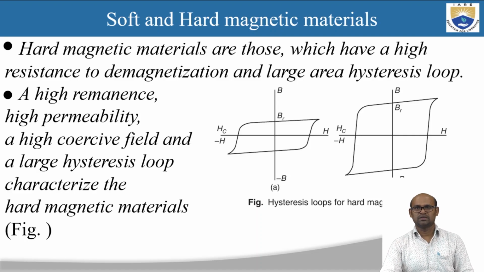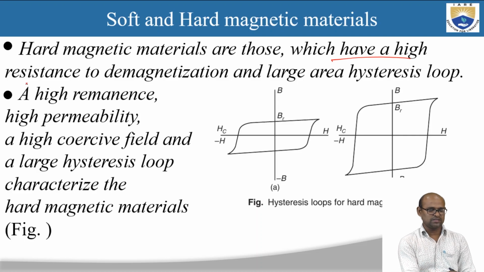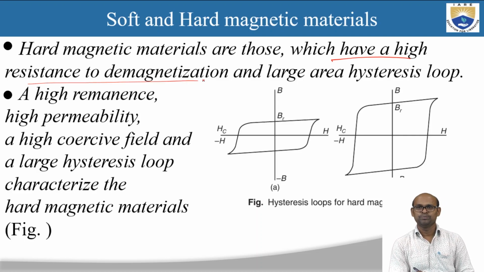So what are hard magnetic materials? Hard magnetic materials are those which have high resistance to demagnetization and a large area of hysteresis loop.